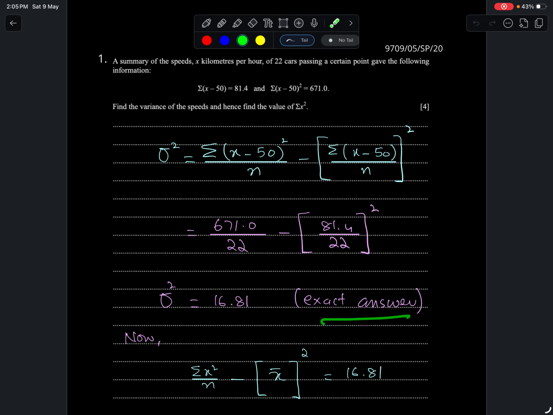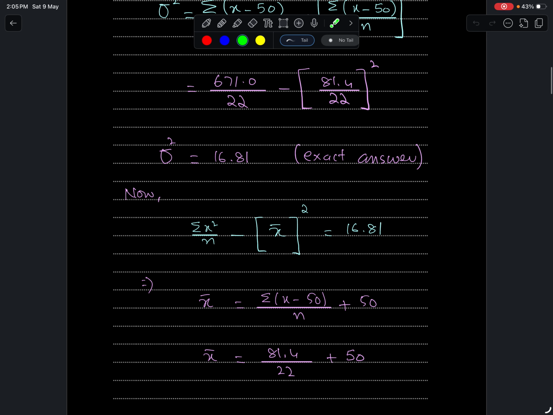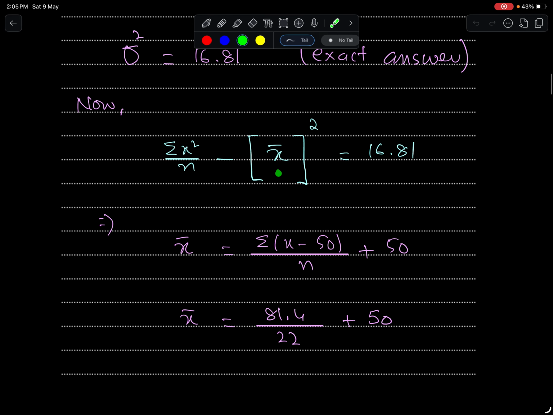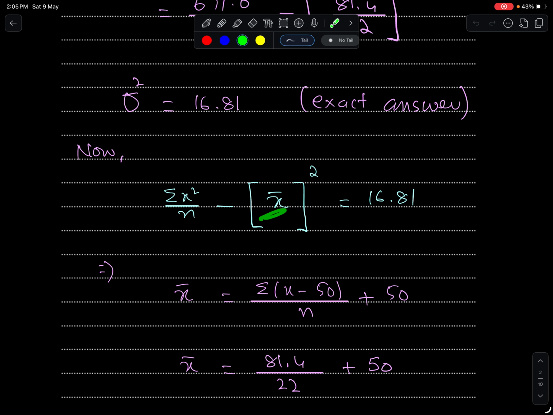Exact answer. Now use this formula of variance for sigma x square. This is available in MF19. We don't have the mean, in fact, we have to find the mean. Mean is sigma x minus 50 over n plus 50. So mean is 53.7, and get sigma x square.